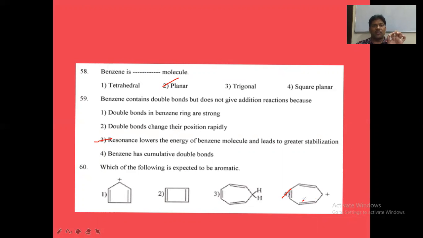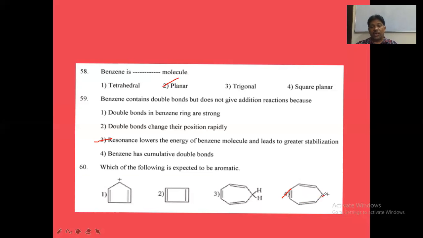Every carbon atom in the ring should have a pure p orbital. In an sp2 carbon, one s orbital mixes with 2 p orbitals, and one pure p orbital is left over. The pure p orbital will be present in sp2 carbon, so all the carbons must be sp2 carbons.